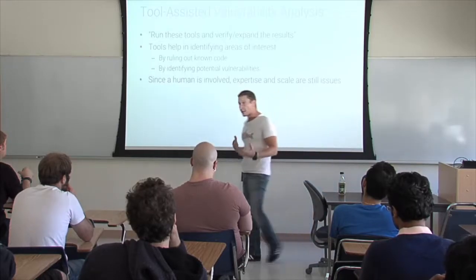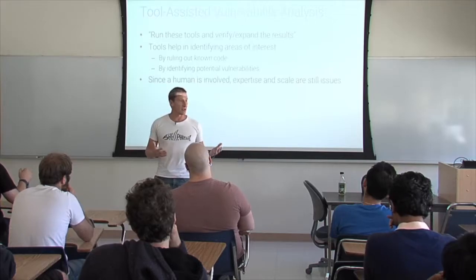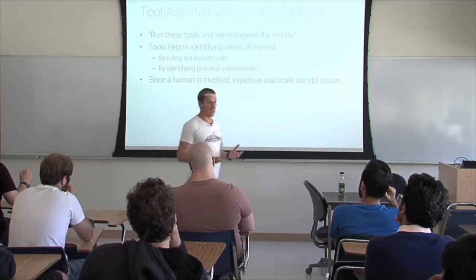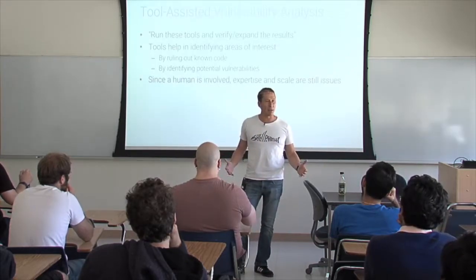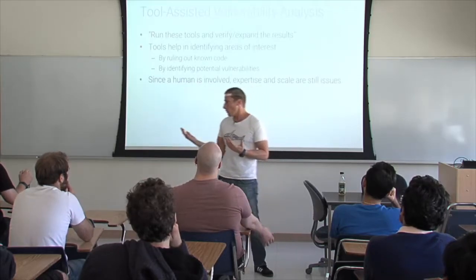So we call it tool-assisted vulnerability analysis, where you actually have a tool, and we will see some, that at least can point you in the right direction. It's great if somebody says, oh, this is a gigantic binary. I think 90% probability the vulnerability is right in this routine. That's already awesome.